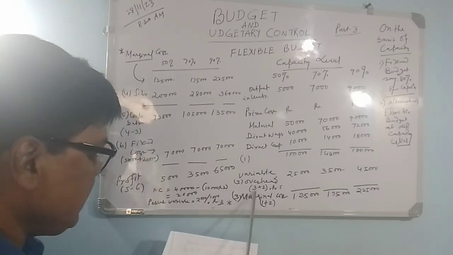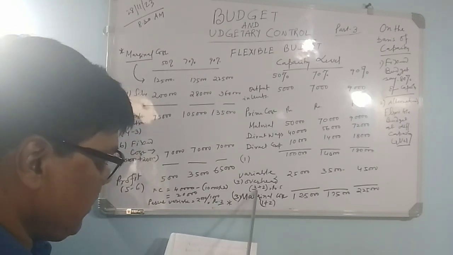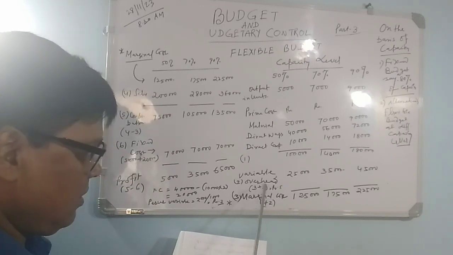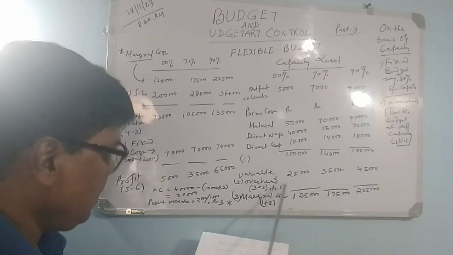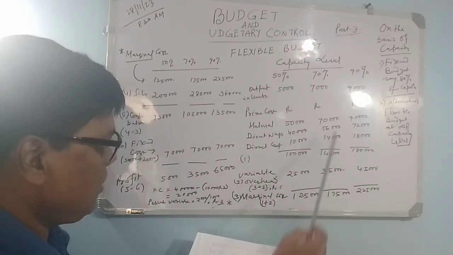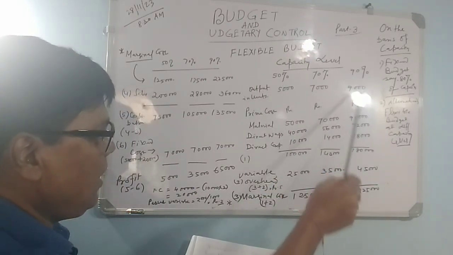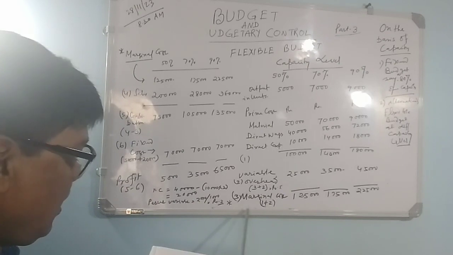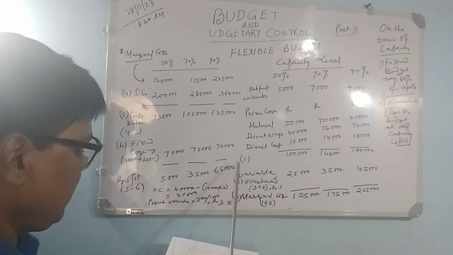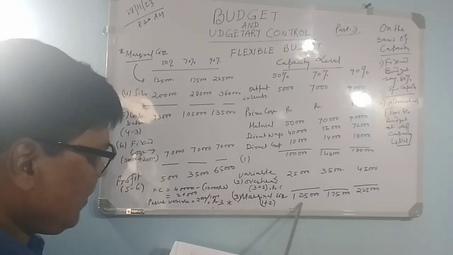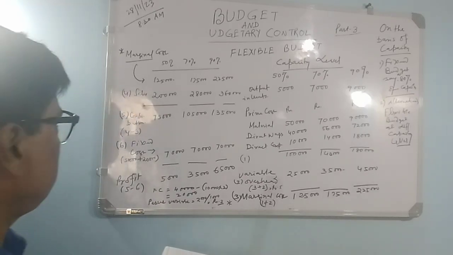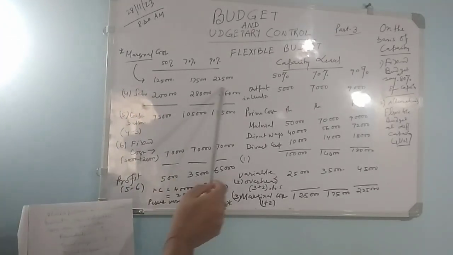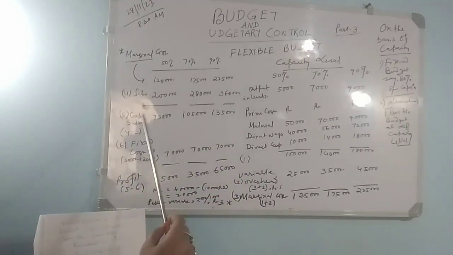So the variable overhead is 3 rupees plus 2 rupees, 5 rupees per unit. So 5,000 units: 25,000, 7,000 units: 35,000, 9,000 units: 45,000. Then the marginal cost comes to 1,25,000, 1,75,000, 2,25,000.